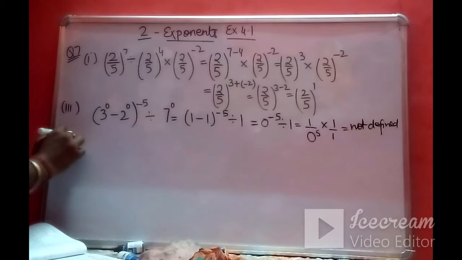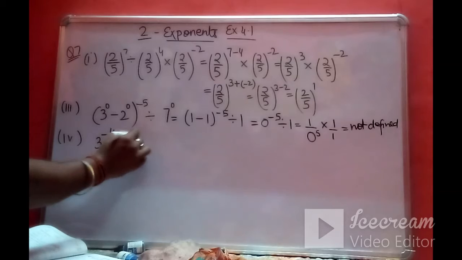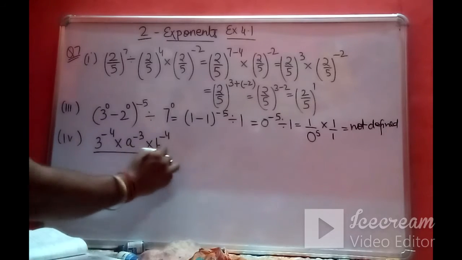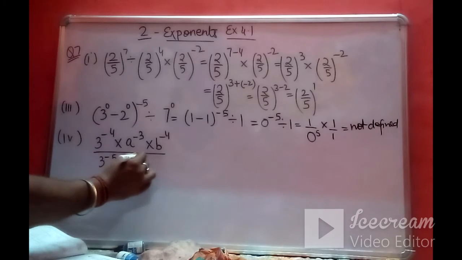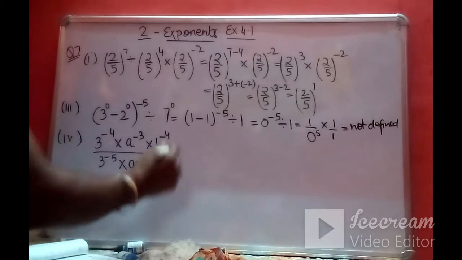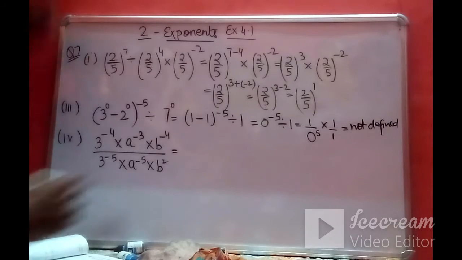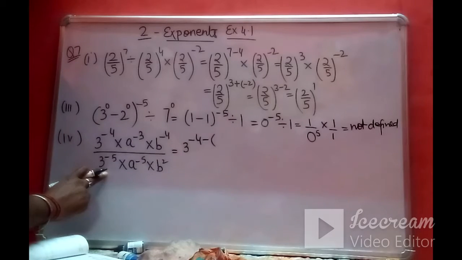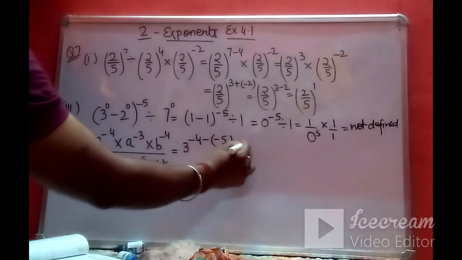then in the fourth part, a different type of question is there: a^-3 b^-4 upon 3^-5 a^-5 b^2. So see, what we will do, we will write the powers like this: 3 to the power minus 4 minus, since 3 to the power minus 5 is in the denominator, so we will subtract the powers.